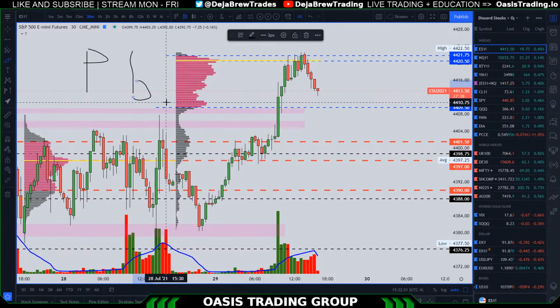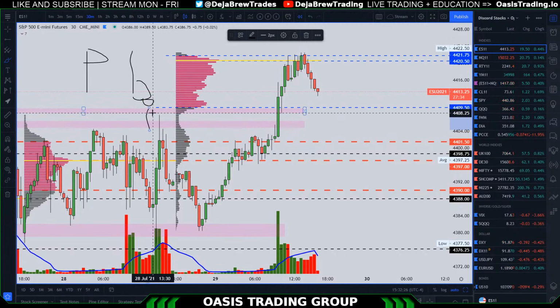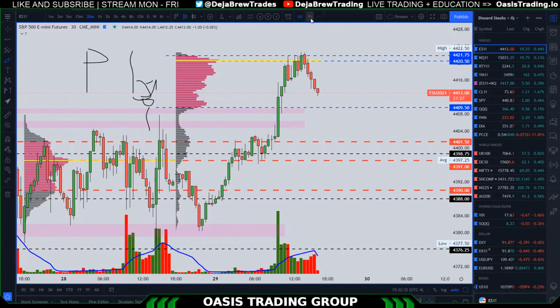Does that make sense? So like if you had dragonfly candles down here with very high volume, you could start to reversal trade those profiles. But if you don't see those reversal candlestick patterns with good volume, you should not try to reversal trade the imbalances. Okay, does that make sense?